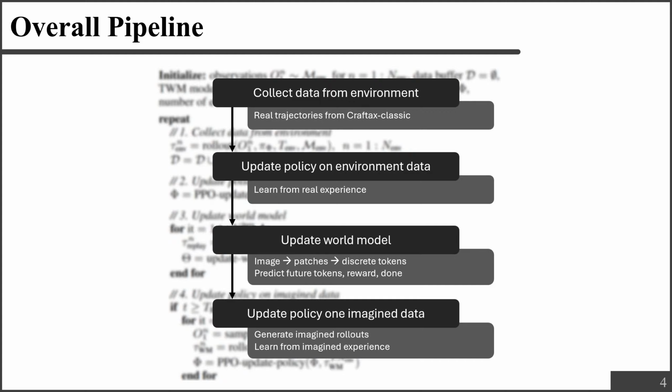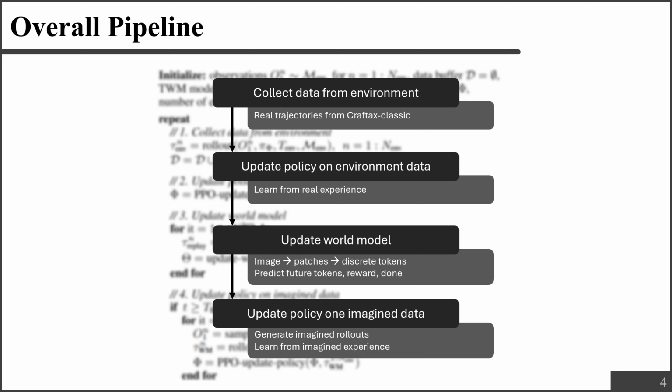So the policy first learns from the real experience. The third step is to update the world model. At this stage, each observation image is divided into patches, and each patch is converted into a discrete token. The transformer world model is then trained to predict future tokens, rewards, and done signals.